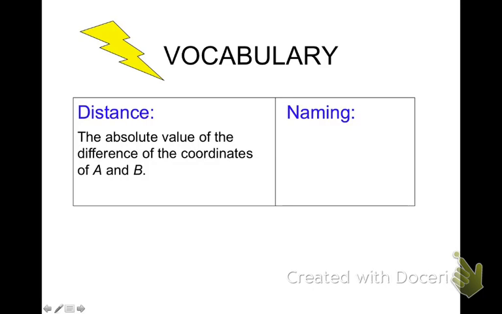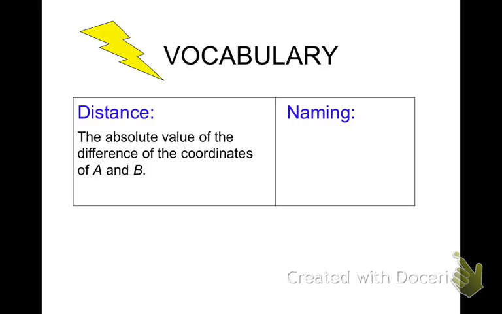So your distance is the absolute value of the difference of the coordinates of A and B. And we're just using A and B as generic point names.